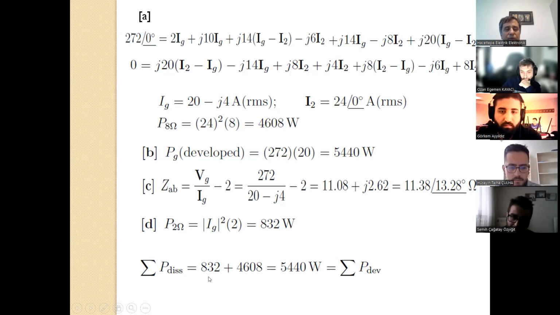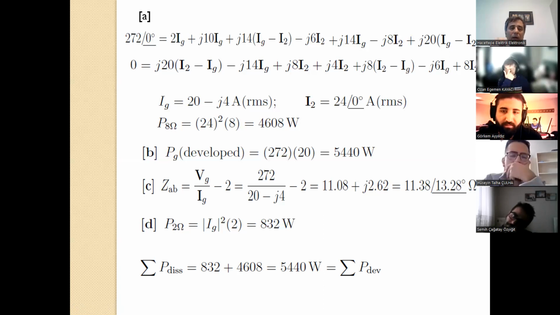what is the total dissipated power right here? 832, which is the 2 ohm resistance dissipation. 4,608, this is for the load side. In between, we have all inductive elements, so there is no average power dissipation on these T-shaped branches. Okay, oops.